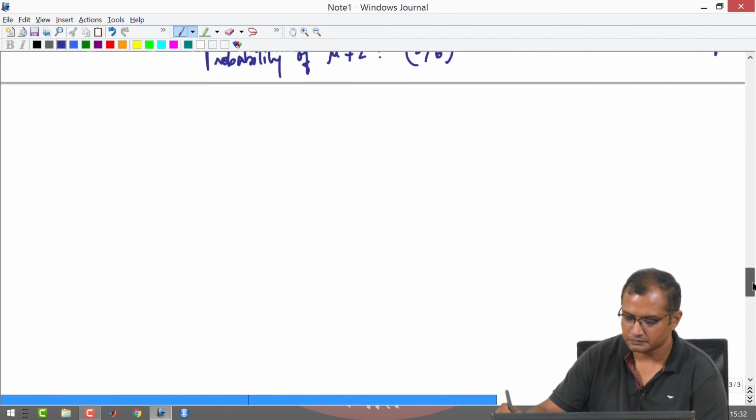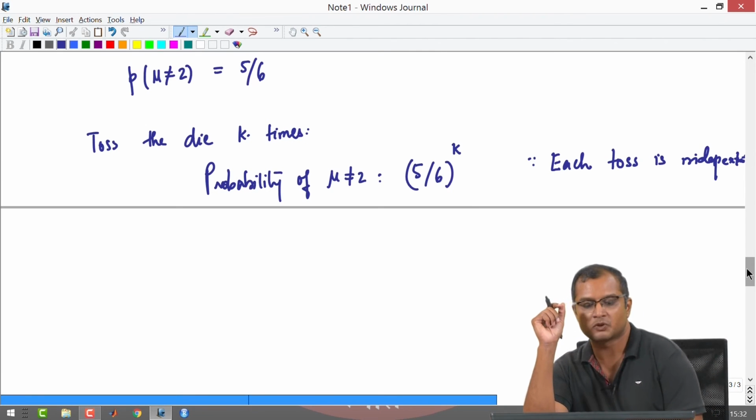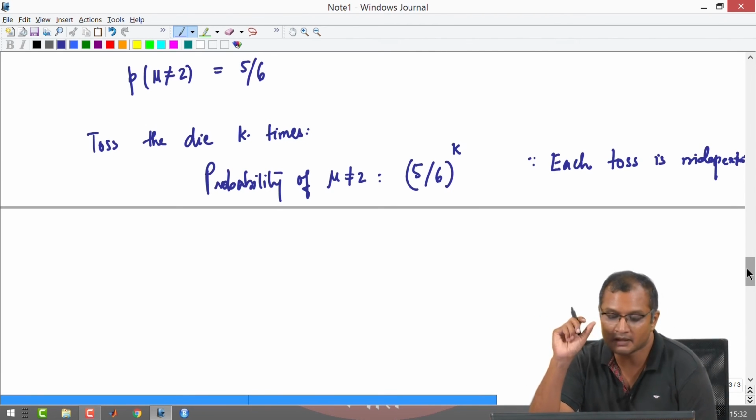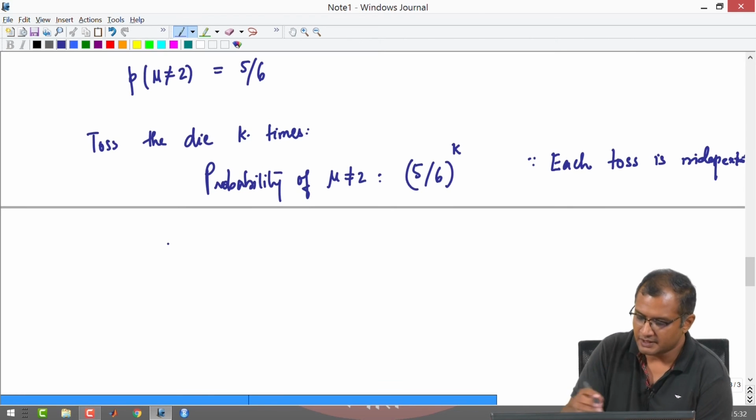Now, the question that was asked was, what is the probability that the occurrence of 2 becomes 2/3.